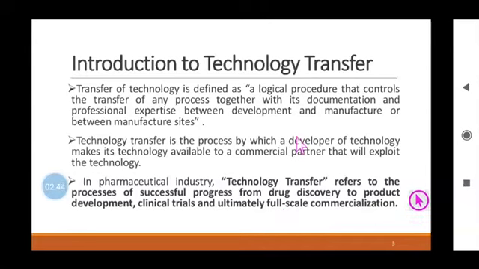A developer of a technology in some cases may not be having a capacity to commercialize it, because a novel technology or a new technology can be developed in the limited premises area or in a laboratory, but if the same thing is required to be commercialized, then it won't be possible for everyone.